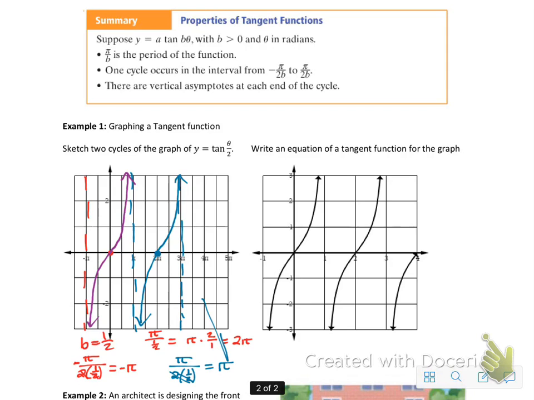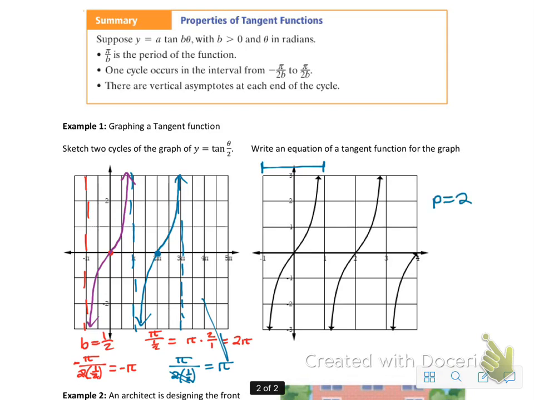And when you come up with the equation based on the graph, a is going to be 1, and so all you have to worry about is your period and b. Well, the distance from here to here is 2, which means that the period is 2.